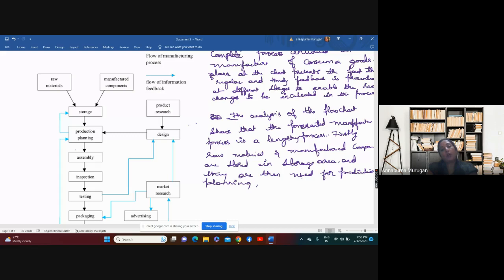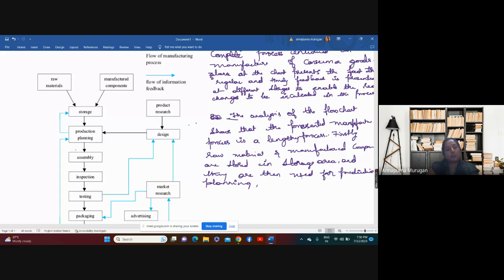The product research and the design ideas influence the production planning.